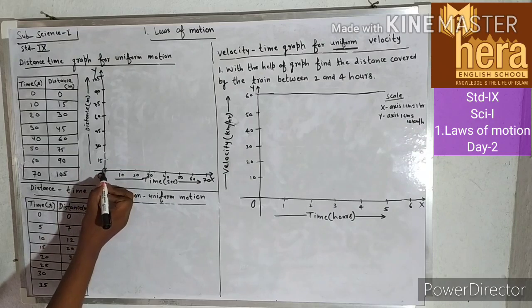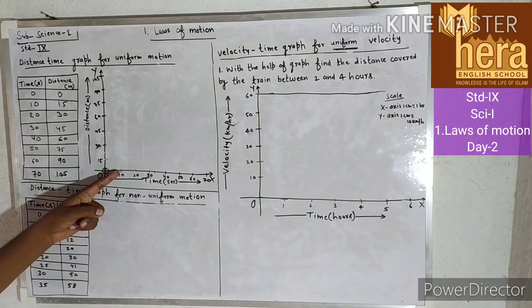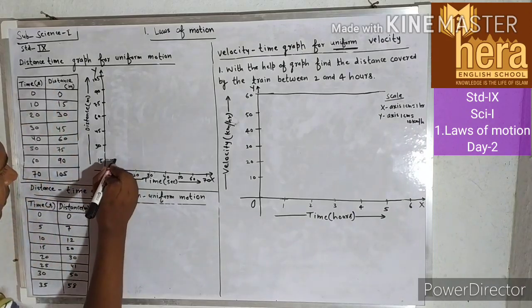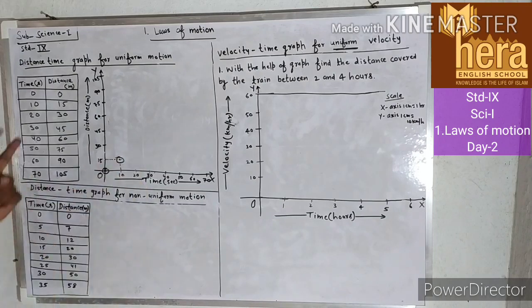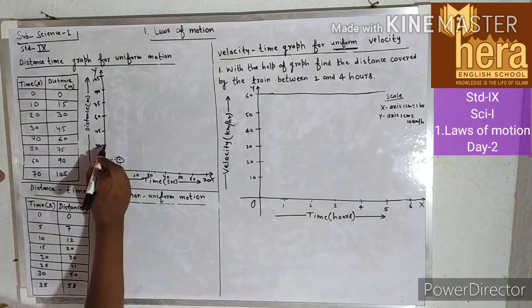So this, t is equal to 10 second. Distance is 15. This one. T is equal to 20 second. Distance is 30.